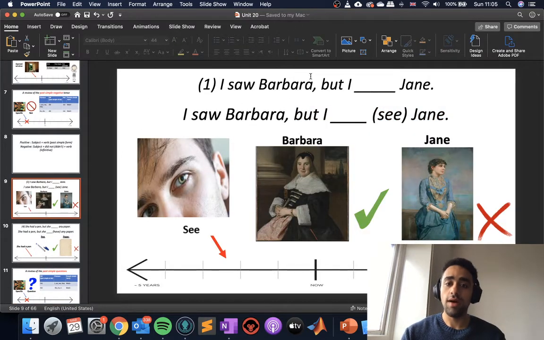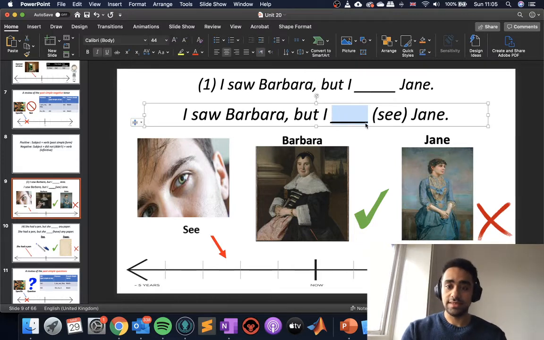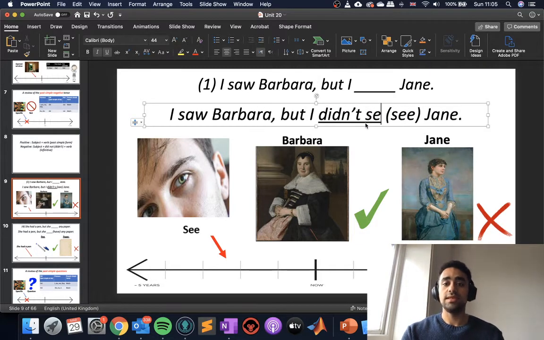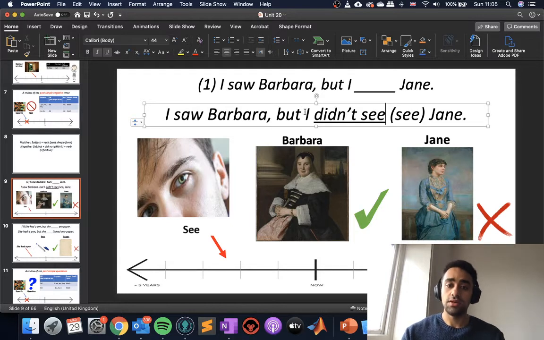A couple of examples. I saw Barbara, but I didn't see Jane. So didn't or did not, and then the infinitive of see, which is see. Basically, the past simple of see is saw, and the infinitive is see.